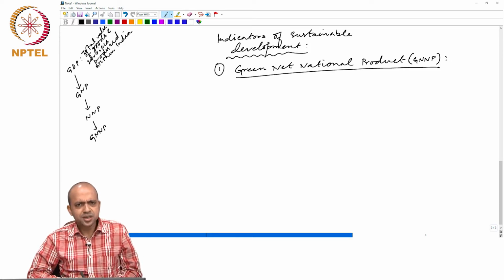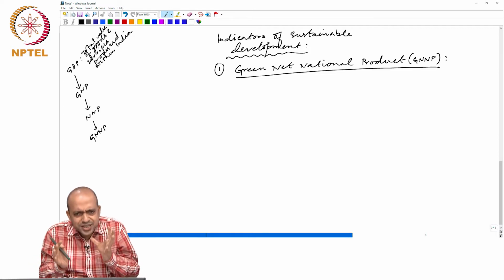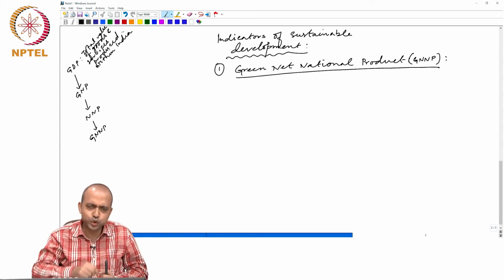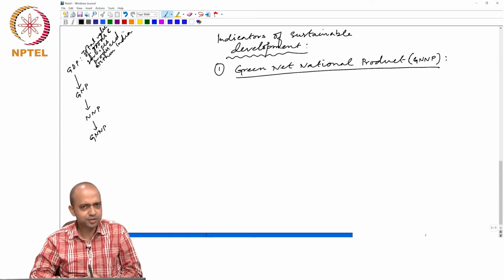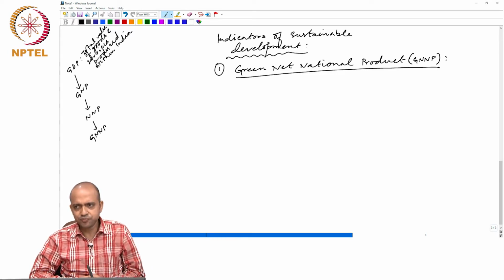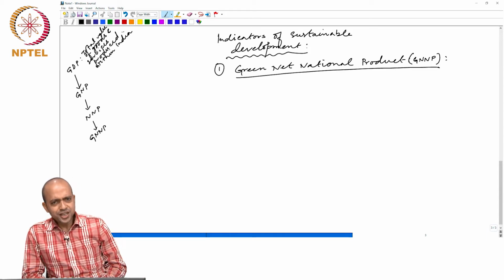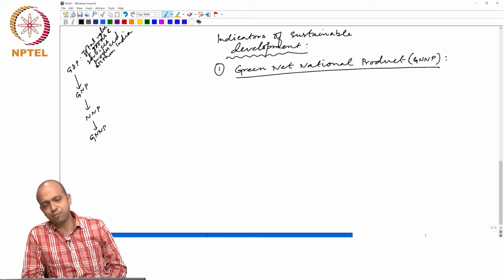So, that means GDP does not actually measure India's income, because the foreigners' income is also included in the GDP. At the same time, GDP does not include Indians' income which is happening abroad.